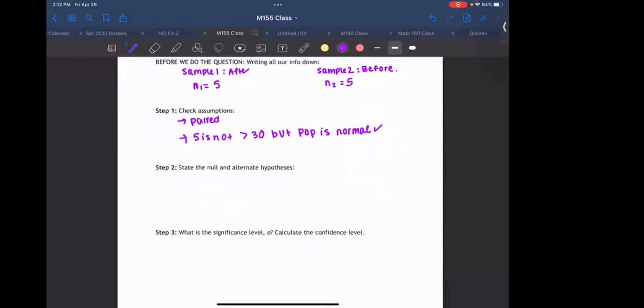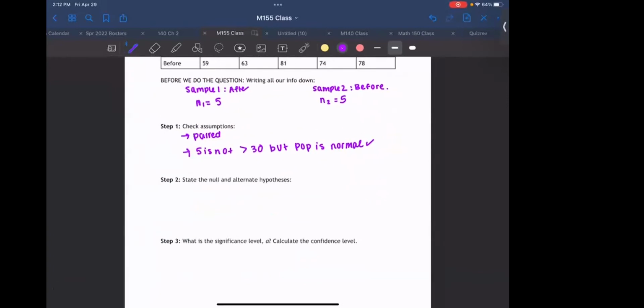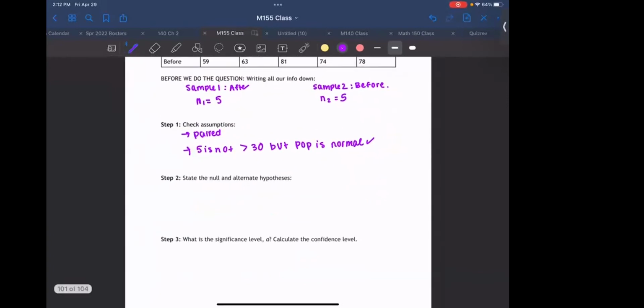Next, step number 2. We're going to state our null and alternate hypotheses. Null hypothesis, what symbol does that use? Good, H0, and I guess the alternate one is H1. The null hypothesis always uses mu, right? So does the alternate.